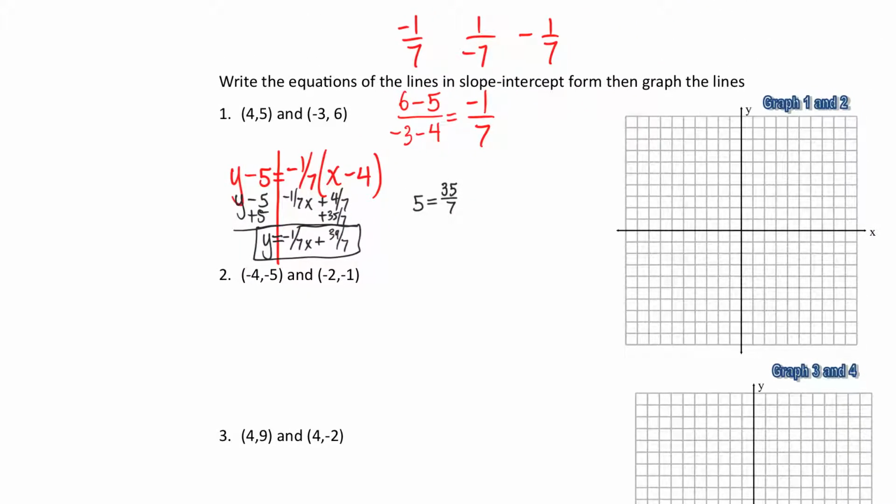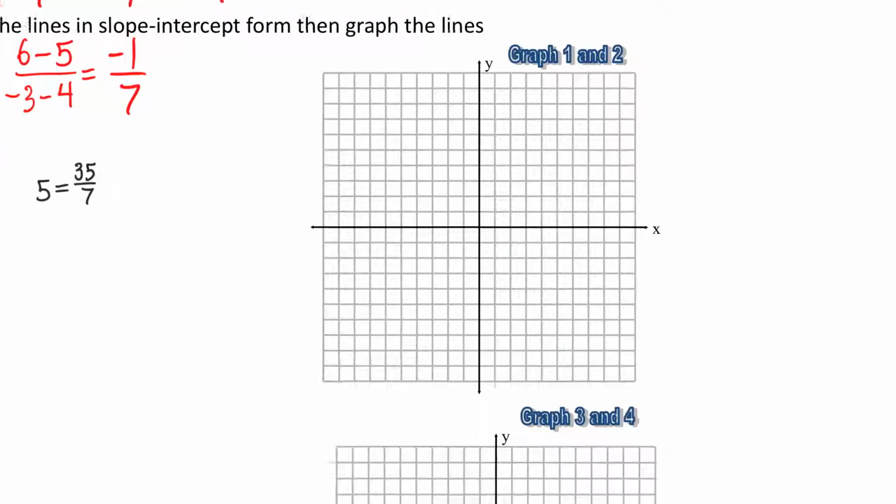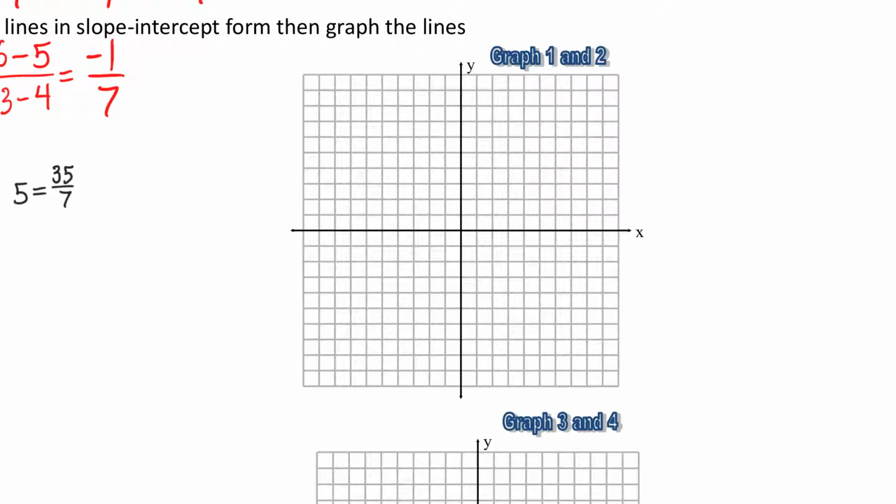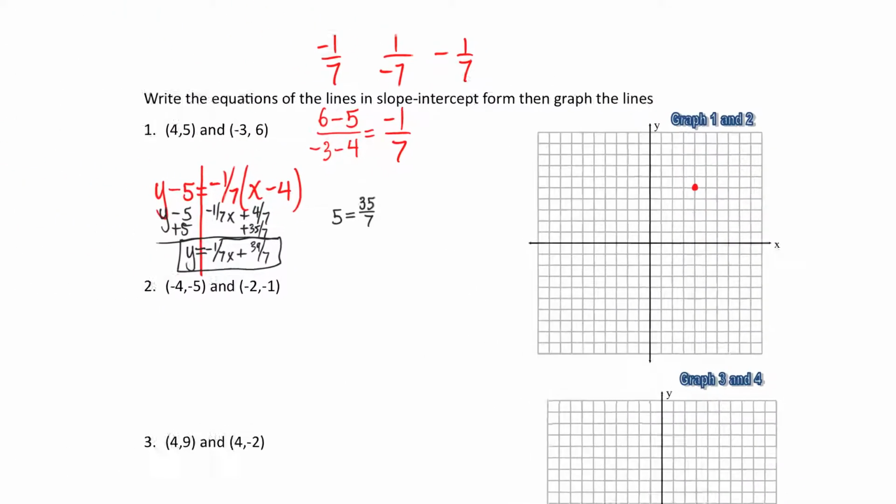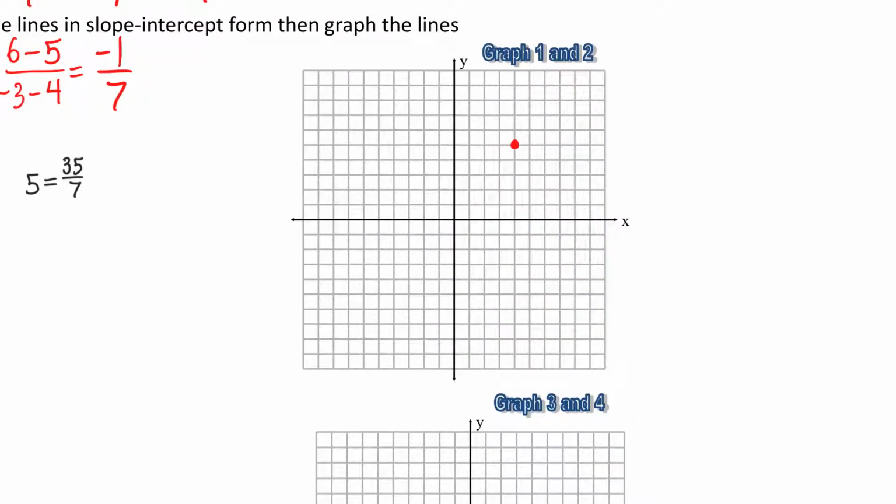Okay, now what I want to do is I also want to graph this. Now we could use what we just got right there, but actually the easier way I think is just to go back to those original 2 points. So let's go back and plot those 2 points real quick. We'll draw our line through it, and then we'll have our line. Okay, so 4, 5: 1, 2, 3, 4, 1, 2, 3, 4, 5. So that's 4, 5. And now I'm going to plot negative 3, 6: 1, 2, 3, 1, 2, 3, 4, 5, 6.